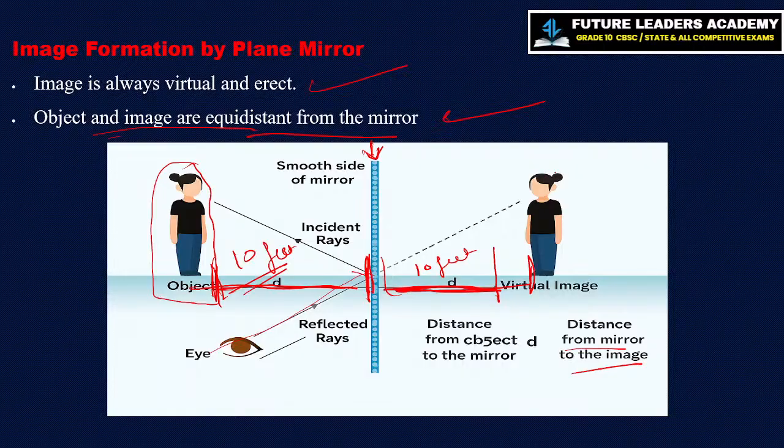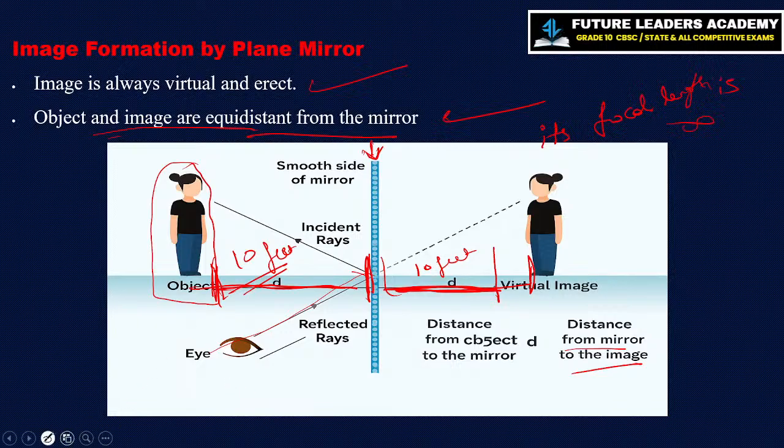Getting? So now, in a plane mirror, its focal length is infinite. Focal length will be infinite.